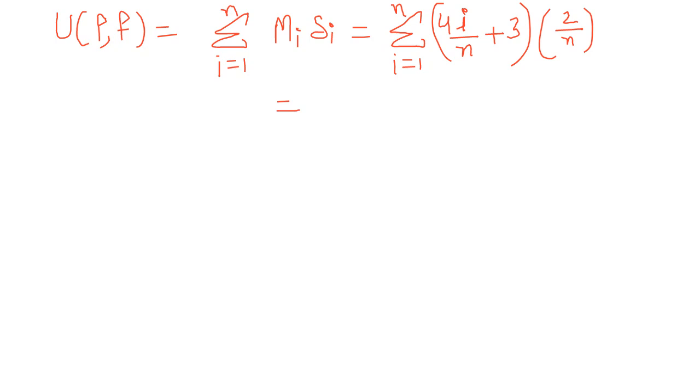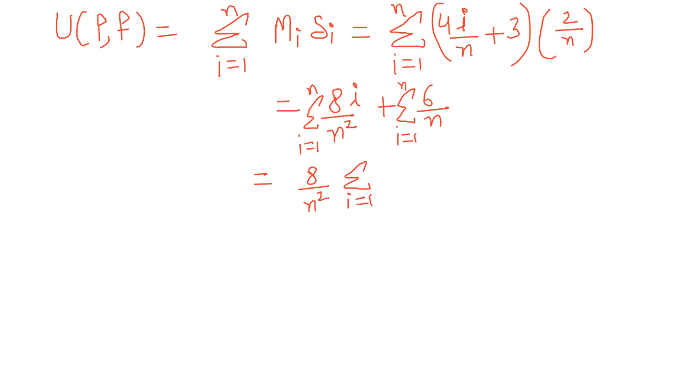It is 8 by n square i plus 6 by n, summation i equal to 1 to n. So take out 8 by n square common, summation i equal to 1 to n of i, plus 6 by n, summation i equal to 1 to n of 1. So it is 6 by n into n.